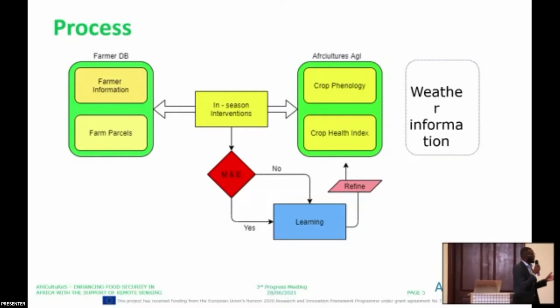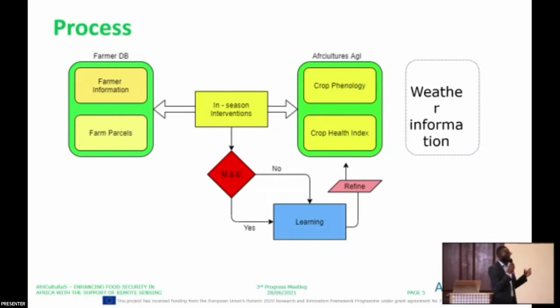As you can see, I think this has been the discussion within the consortium for the use case of Kenya. For this particular use case, we were starting from a point of knowledge where we have some farmer information, and then some in-season crop monitoring, that is crop phenology, crop health index, and also some weather information.